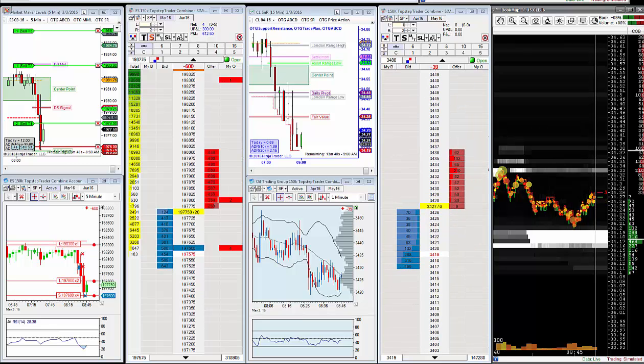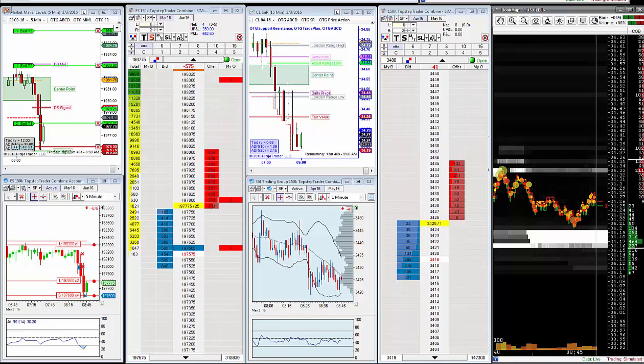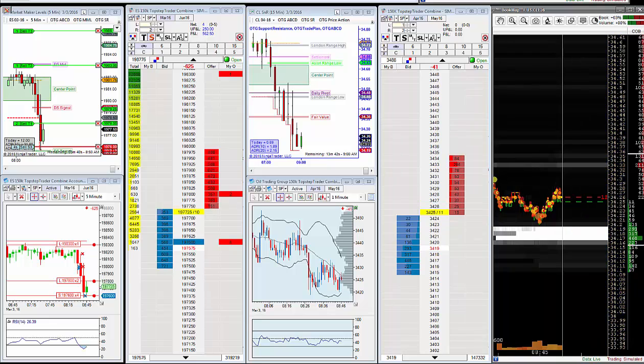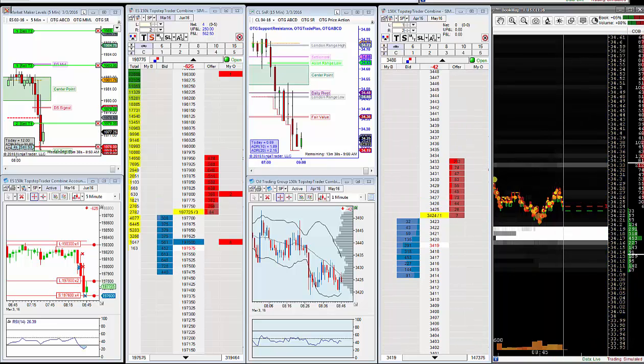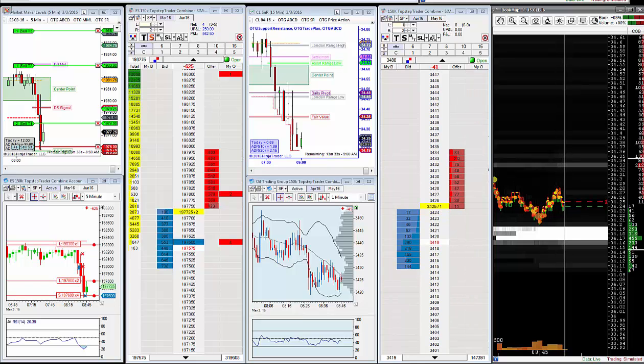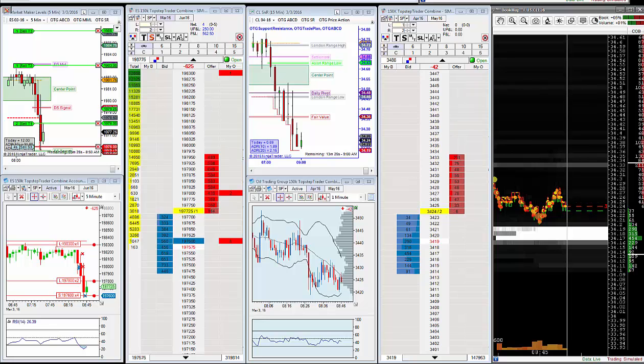Let's get that rally. Come on, you hit me but didn't fill me at the target. Only 130 filled up there. So let's see if we can get through. Yeah.